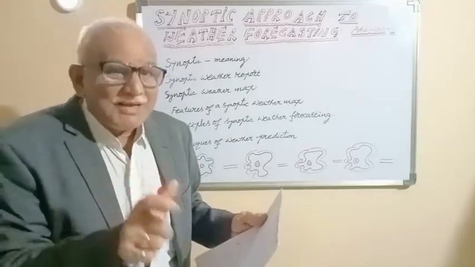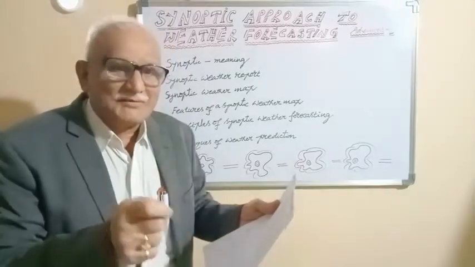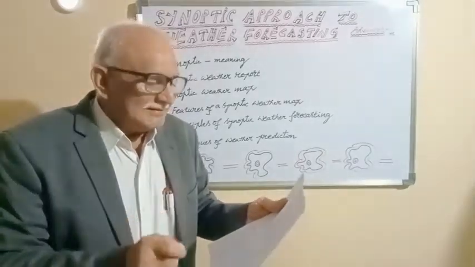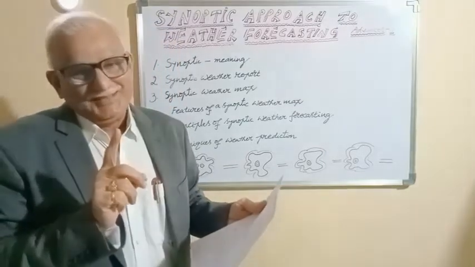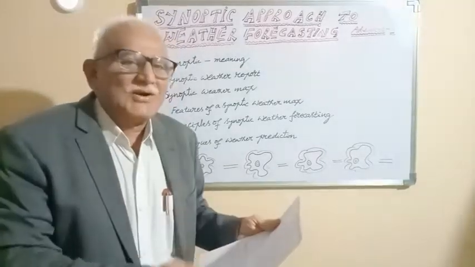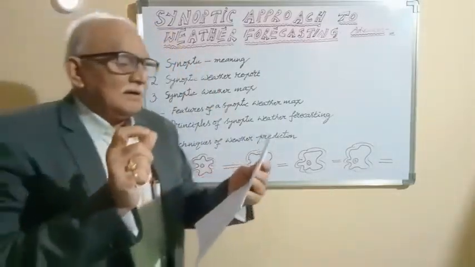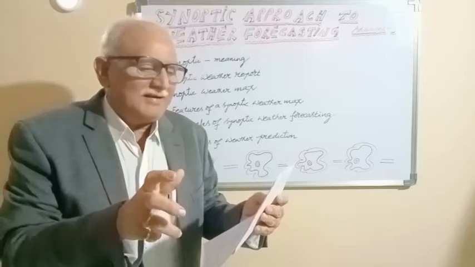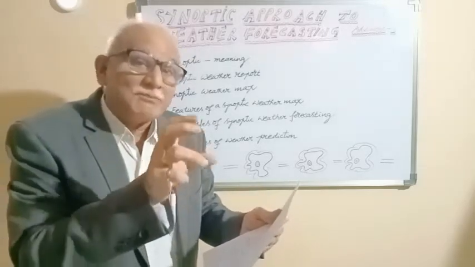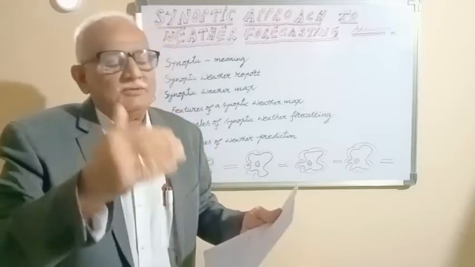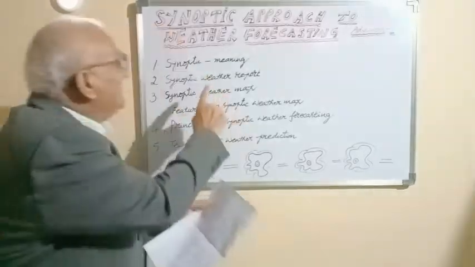These observations are called synoptic. Synoptic meaning is view together or view at a common point. So, the observations that we take on solar energy, temperature, humidity, pressure systems, etc. are called synoptic. That is the meaning of synoptic.